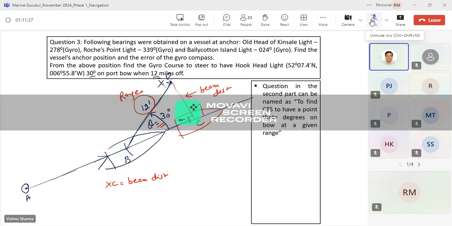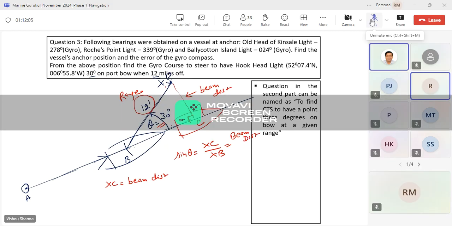Now XCB is a right angle triangle, right angled at C. If I write sine theta is perpendicular upon hypotenuse. Perpendicular is XC. Hypotenuse is XB. What is XC? XC is the beam distance.